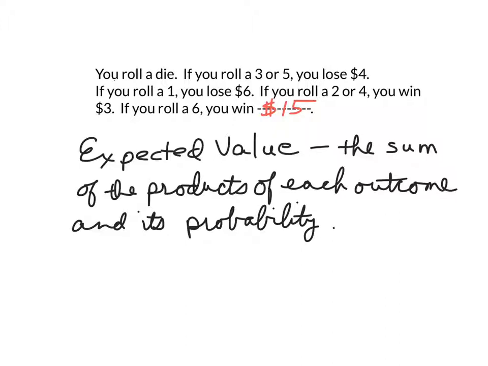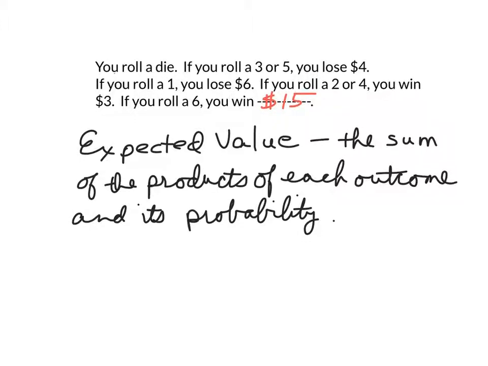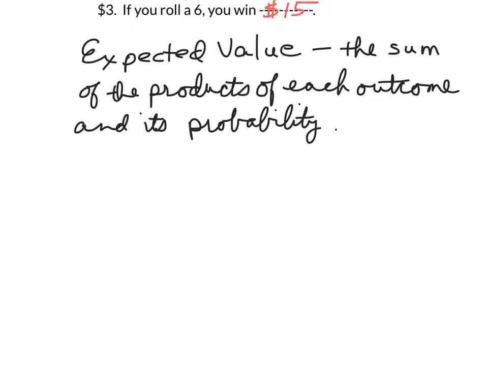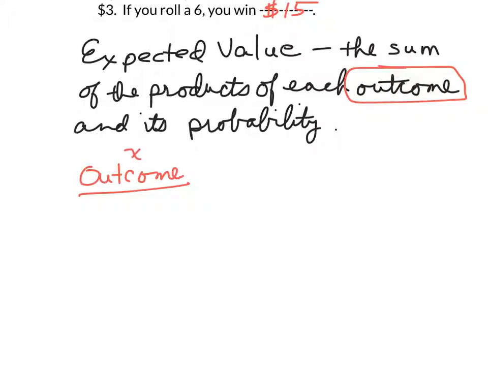So to figure the expected value, we're going to do exactly what the definition says. Let's see what it says. It talks about each outcome. So on any expected value problem, here's what I'd suggest. Make a column for all your outcomes. We're going to call those X's.